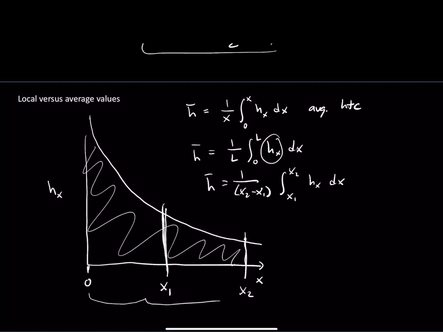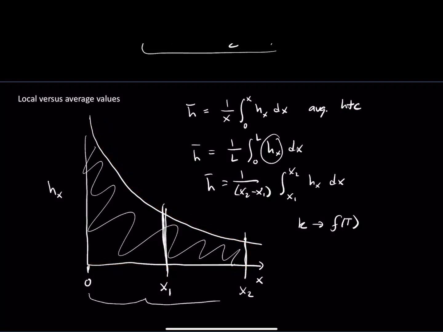When it comes to evaluating things like conductivity, conductivity is often actually a function of temperature. Conductivity is usually going to increase with temperature. So there's this question of, should I be evaluating conductivity at the surface temperature here? Should I be evaluating it at the edge of the boundary layer?